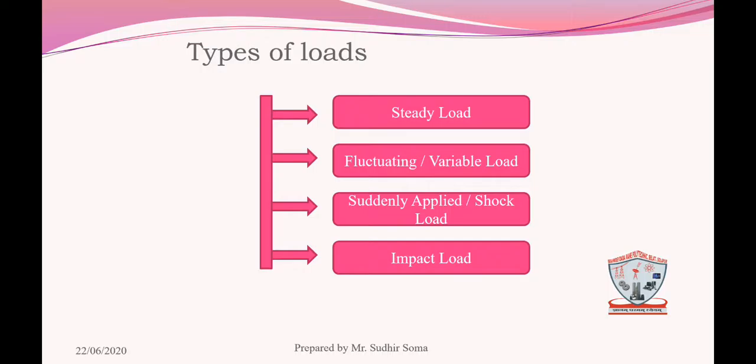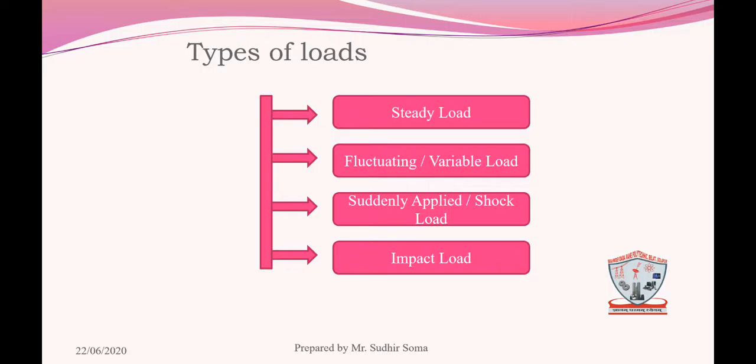Fluctuating, as you know, is also said to be live or variable load. Obviously it changes continuously. Then the suddenly applied load, that is the shock load. It is the type of load which is suddenly applied and rapidly builds up stress in the component. For example, the leaf spring of a vehicle.